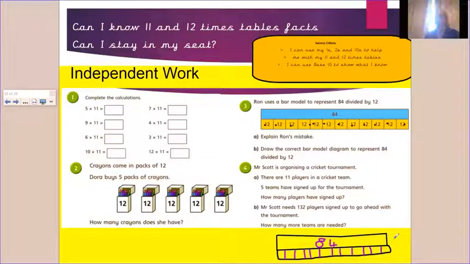So we've got 12 equal groups there because it's 84 divided by 12. And if we were working it out, it's not going to be 12 in each group, because if we look through our times tables, we know that 84 divided by 12 is going to equal 7, because 7 times 12 is 84. So actually in this should be the number 7, not the number 12. Each one of these pieces will equal 7. Okay.